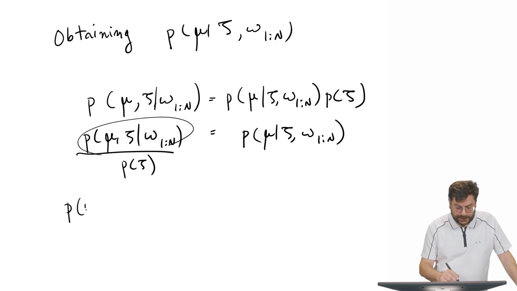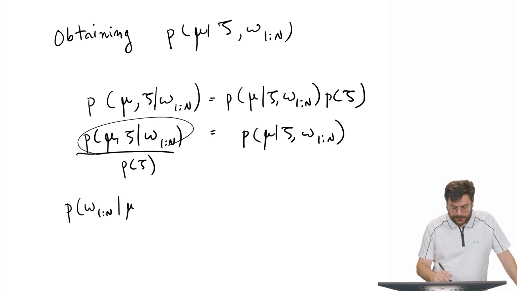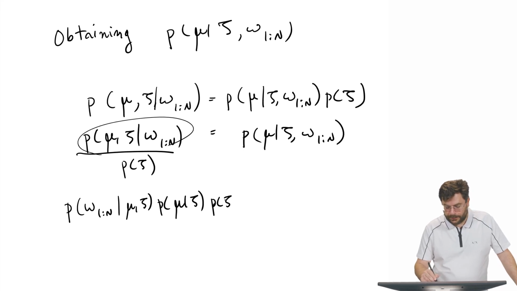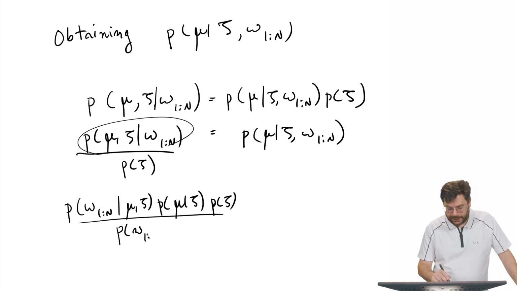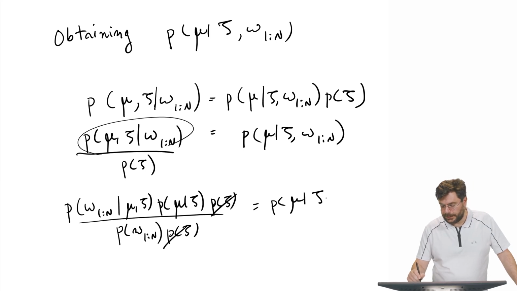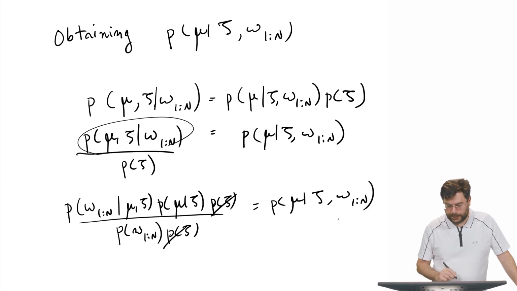That's just my likelihood, W1 to n given mu and tau, times P of mu given tau, times P of tau, divided by my evidence, if I care to keep track of it, divided by P of tau, which is P of mu given tau, W1 to n.